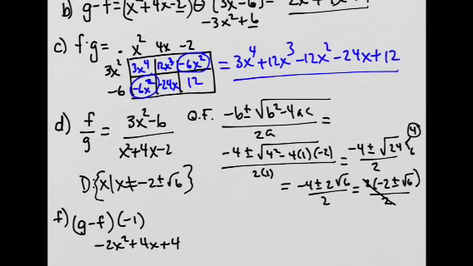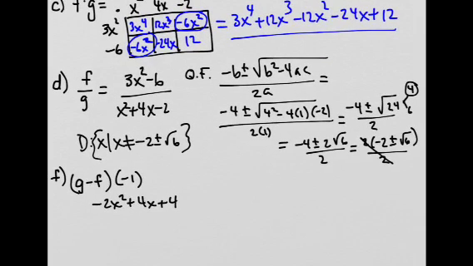Just make sure. Yeah. And so you replace the x with negative 1. So negative 1 squared is 1 times negative 2 is negative 2. 4 times negative 1 is negative 4 plus 4. So this cancels, so you have negative 2 as your answer.